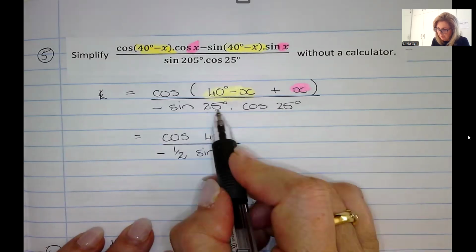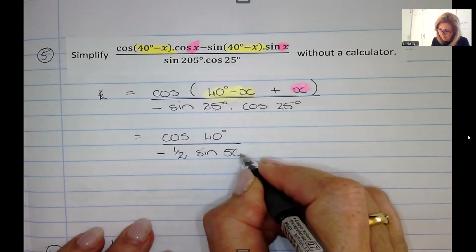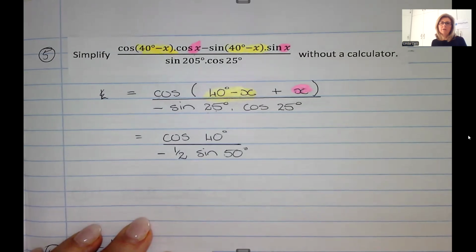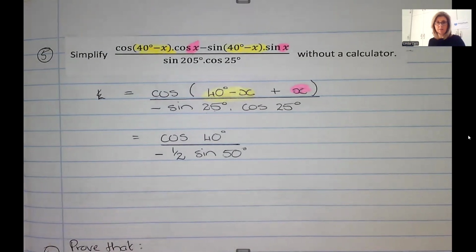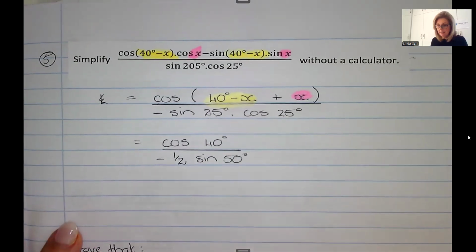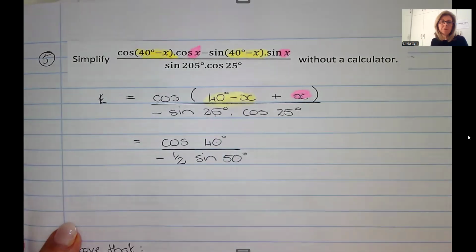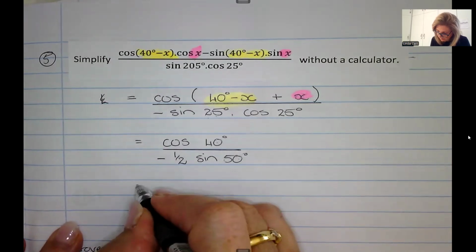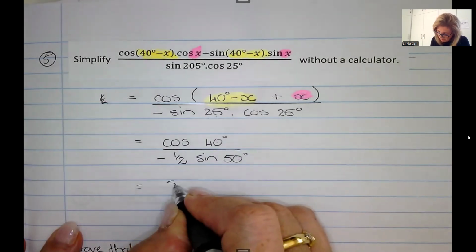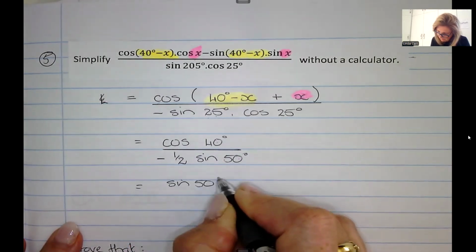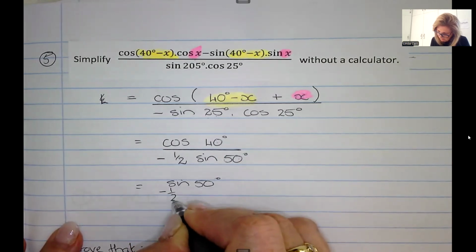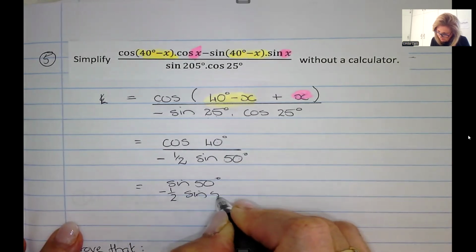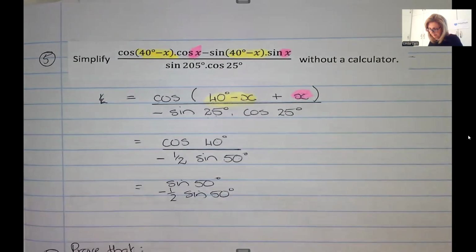sine double 25. All right, and now you should be very pleased with yourself if you've got this far, because now you've noticed that 40 and 50 are co-functions or co-ratios. And so I'm going to change the numerator to sine 50, the bottom minus a half sine 50.